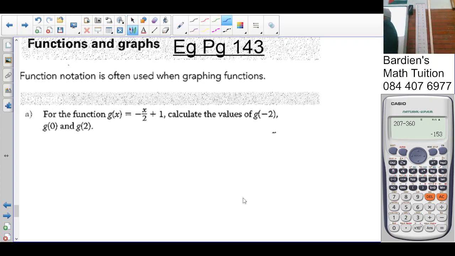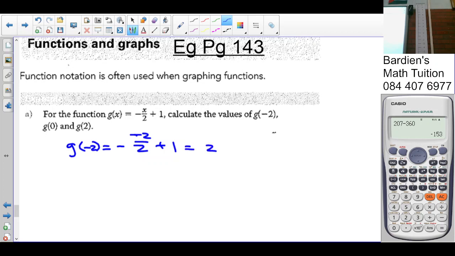So g of negative 2 is equal to negative 2 over 2 plus 1. That's going to give you an answer of 2. So this ordered pair is negative 2 and 2. Now you do the same for g of 0 and g of 2.